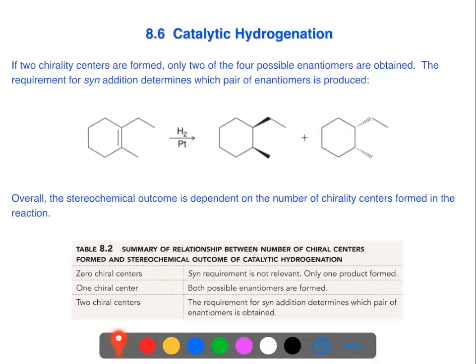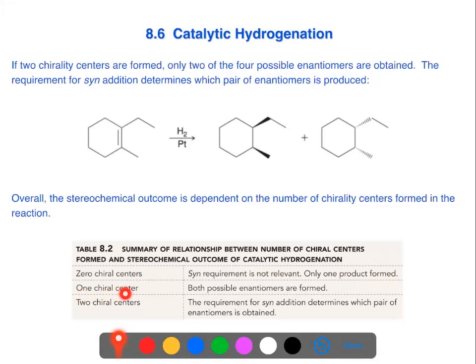So overall, this table summarizes what we would expect from a stereochemical standpoint, depending on the number of chiral centers that are formed during the reaction. If there are no chiral centers formed, as we saw in that previous example, then this syn requirement is not relevant. We're only going to form one particular product.